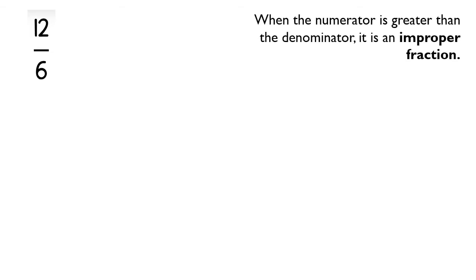Right, here we have a fraction, and we can see that the numerator is greater than the denominator, as this is showing 12 sixths. When the numerator is greater than the denominator, this fraction is known as an improper fraction. So how would we go about drawing 12 sixths?